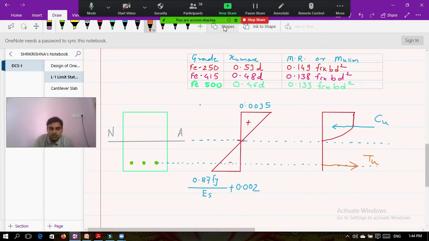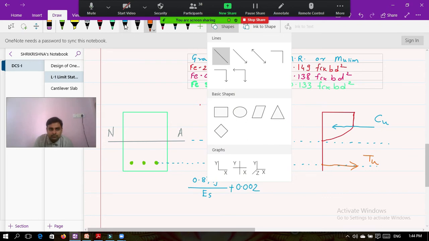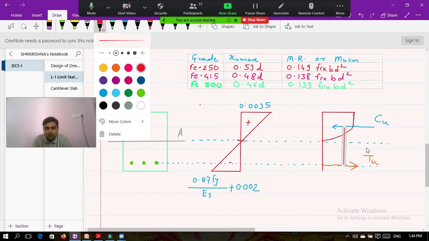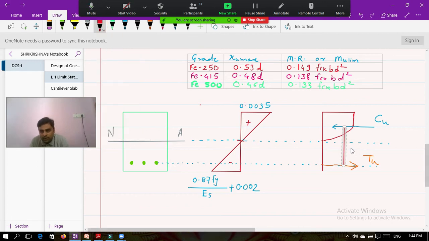The distance between these two forces is called the lever arm Z.